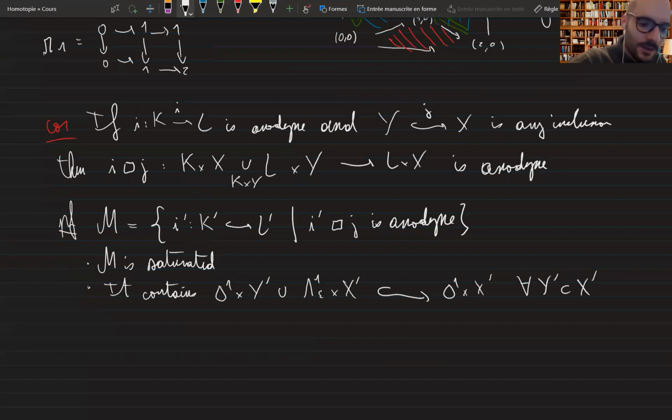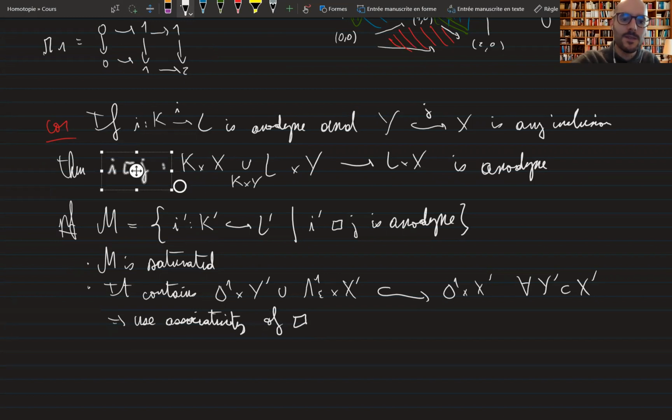And essentially use associativity of the square. This is not as trivial as it sounds, right? I have defined this application, and I'm sure you can guess what I mean by associativity.